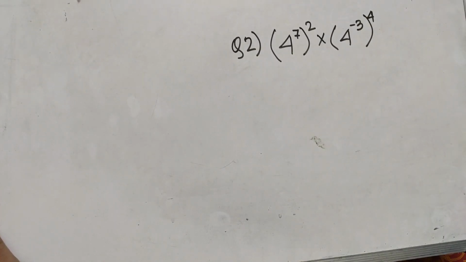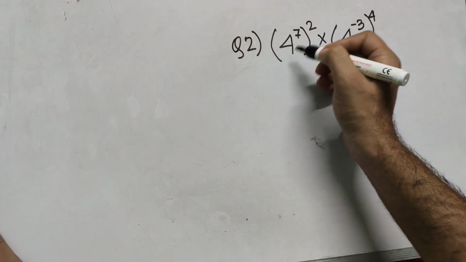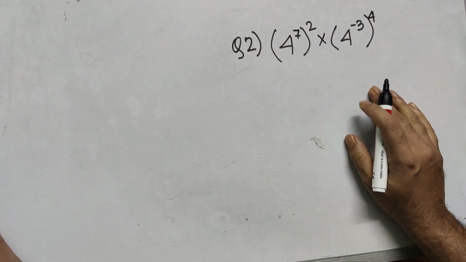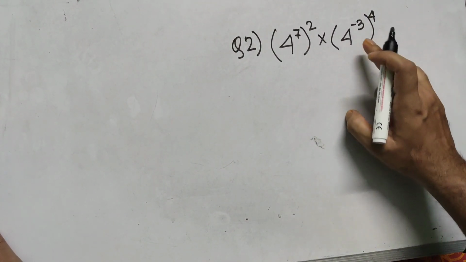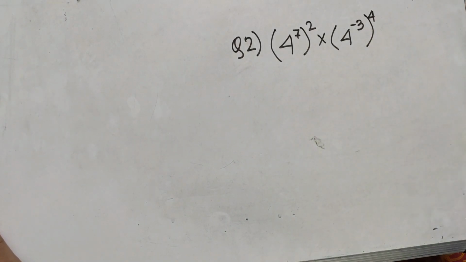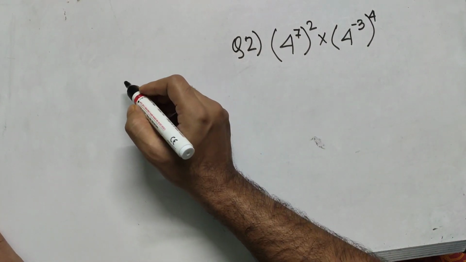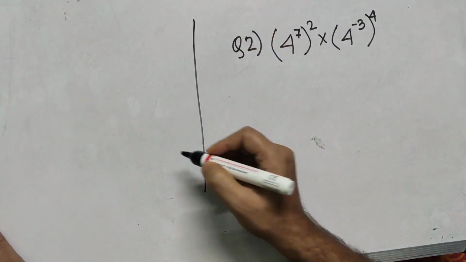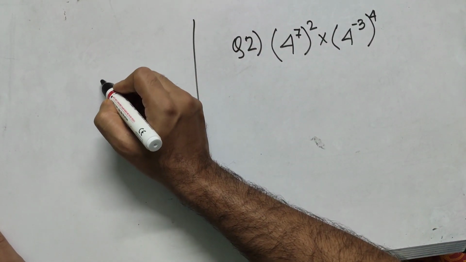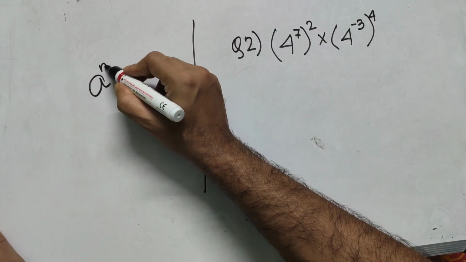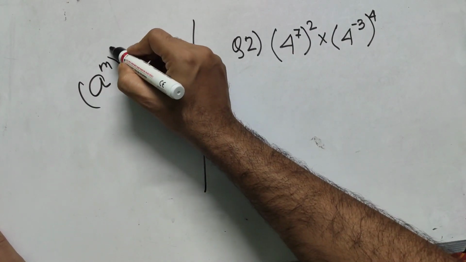Here's our next sum: within the first bracket we have 4 to the power 7, then squared, multiplied by 4 to the power minus 3, to the power 4. Which property are we going to use? Let's check the property first. Suppose we have a to the power m to the power n.